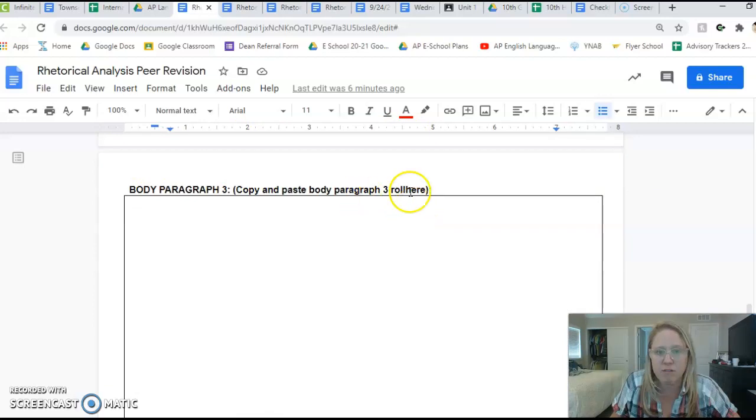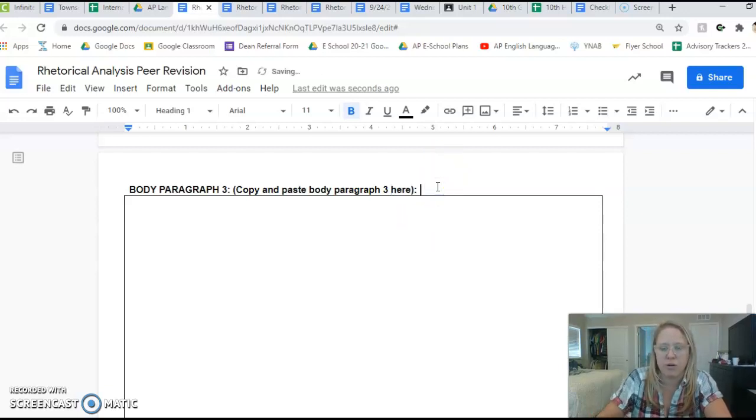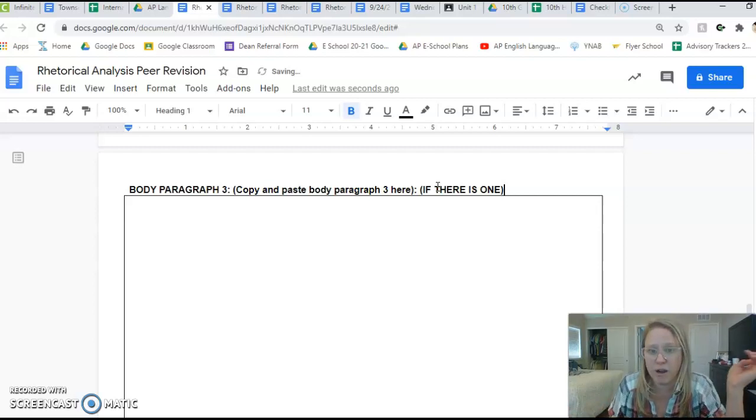The body paragraph here is, copy and paste body paragraph 3. I don't know why it says roll here. I'm going to add a quick note here. If there is one. Some of you wrote essays that do not have a third body paragraph. That is completely fine. I want to reiterate that at no point in the rubric for this essay is there any sort of length requirement or paragraph requirement.